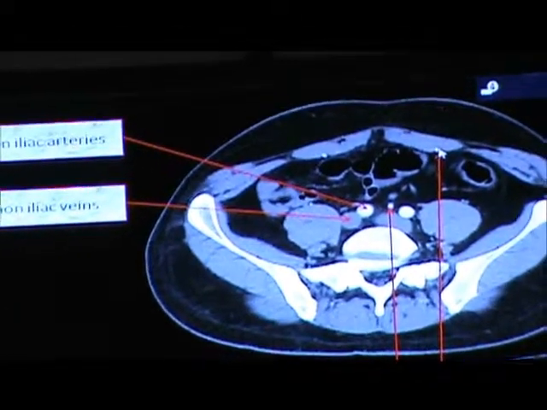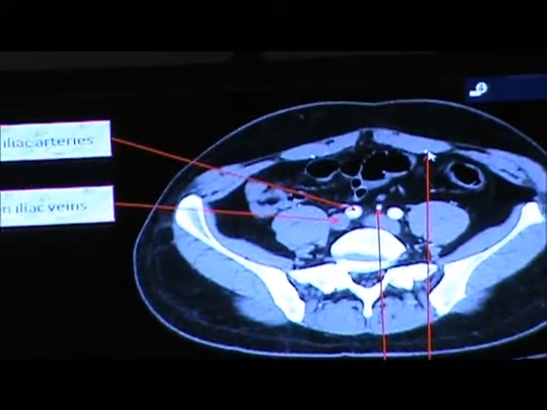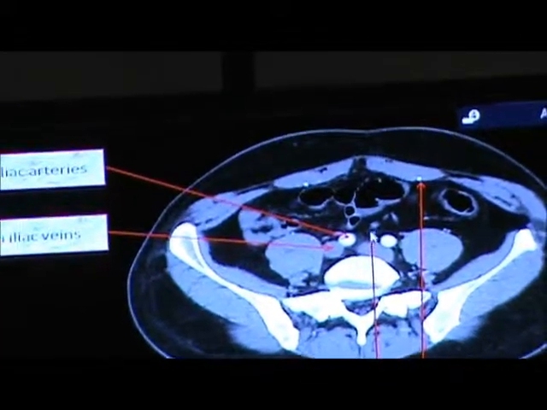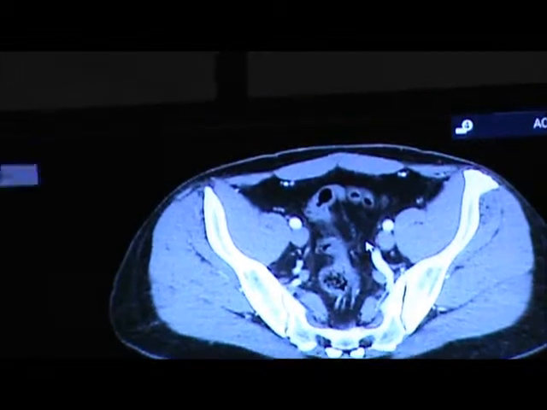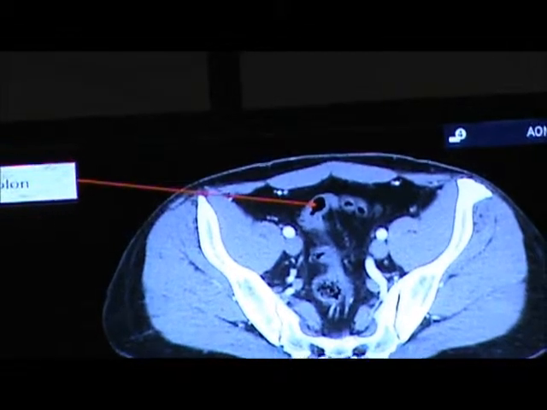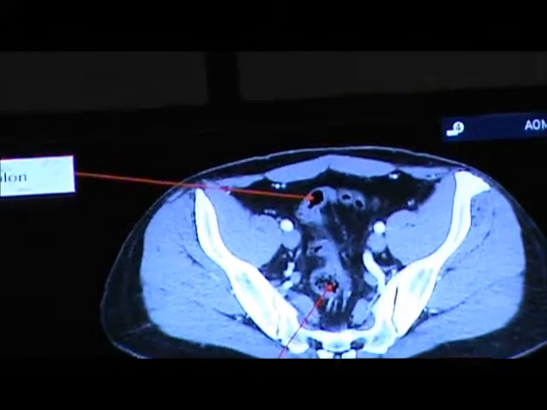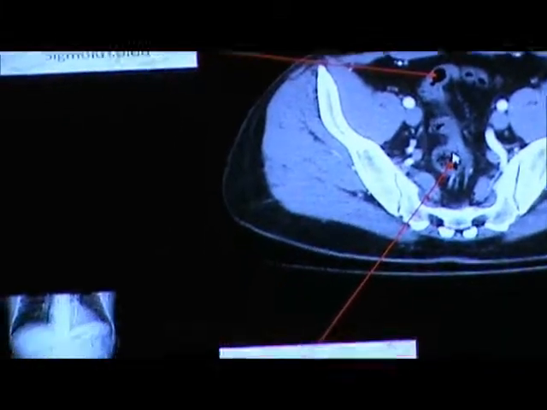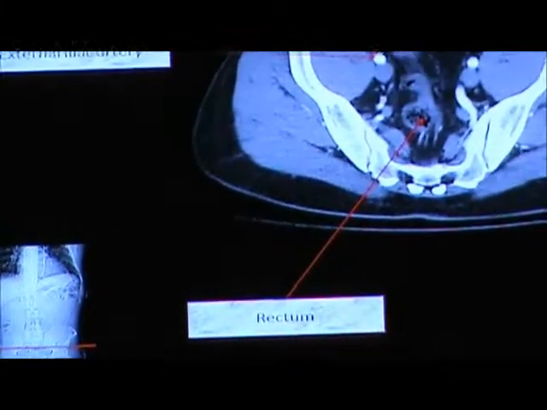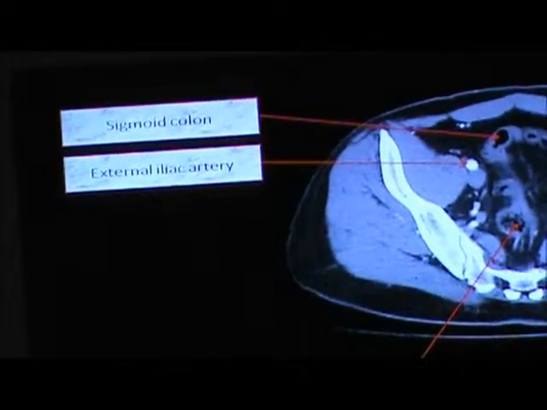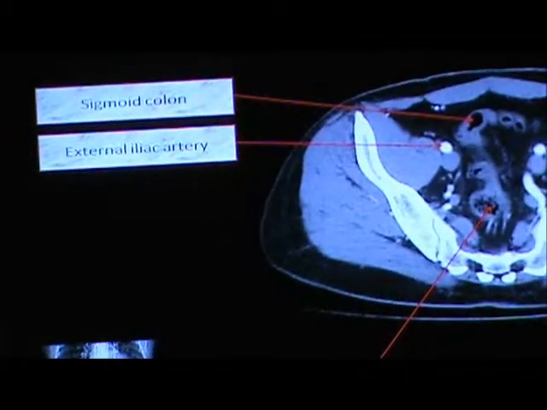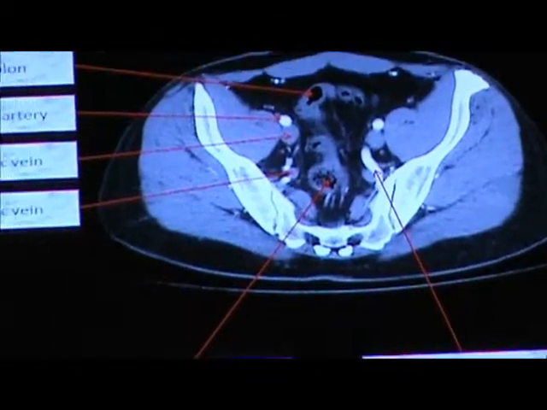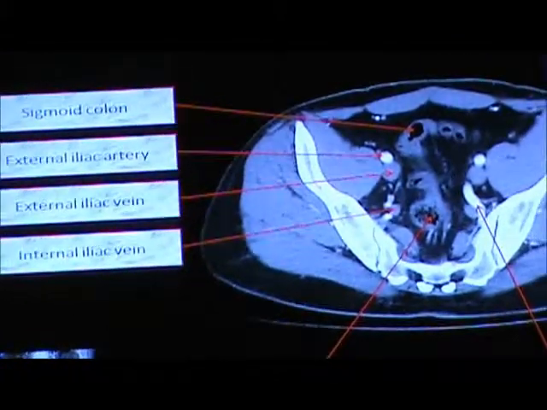So, to be more precise, the left inferior epigastric artery and the superior rectal artery. And in this picture, we can observe how the sigmoid colon turns into the rectum, partially filled with feces here. We can also see the terminal branches of the two common iliac arteries and veins. So we have external and internal iliac arteries and veins, accompanying the arteries, of course.